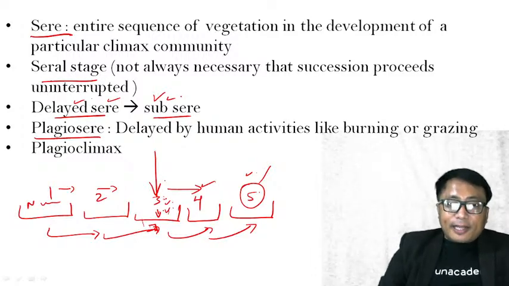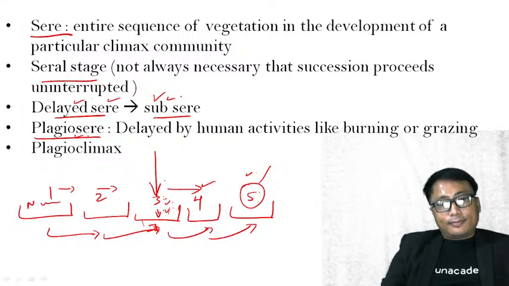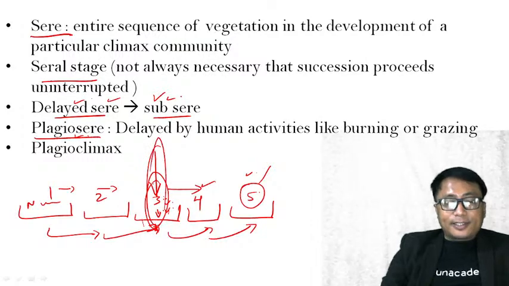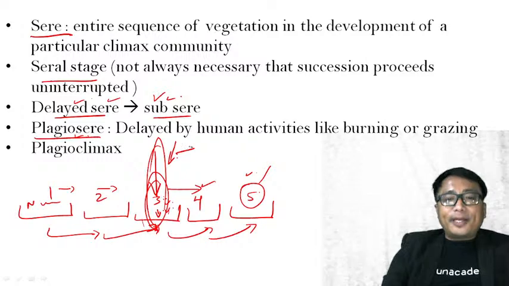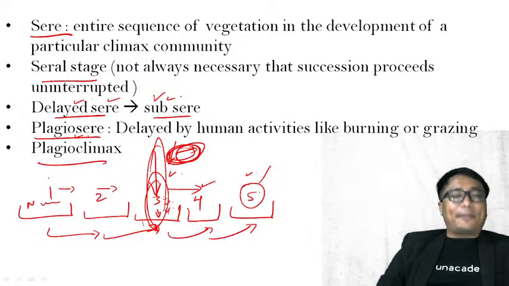And if it is delayed by human interference, it is known as a plagiosere. At this stage the ecological succession will be stagnant and will remain here, and this stage where it remains stagnant is known as plagioclimax.